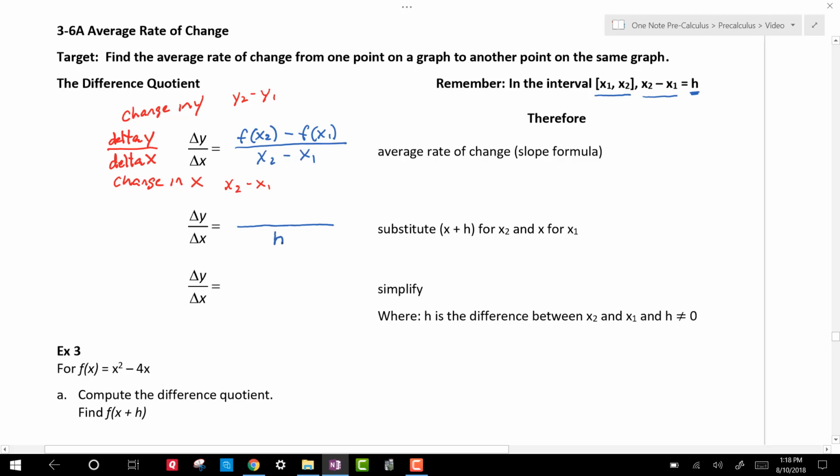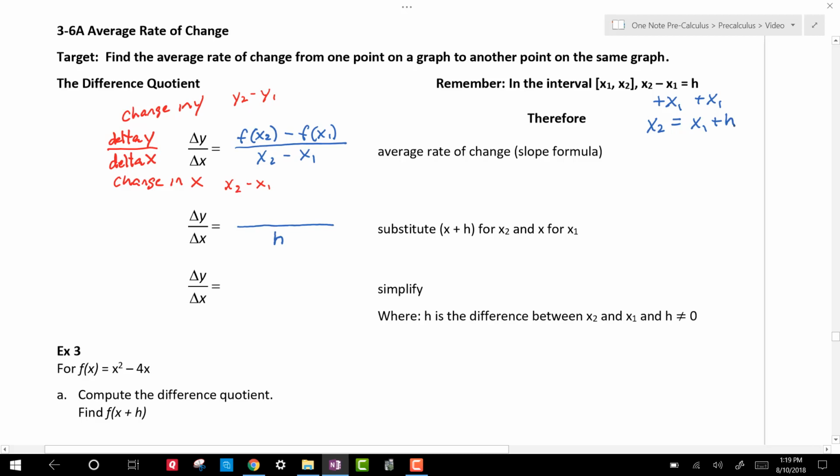Now, x2: if you look at my interval up at the top, this is where it gets a little weird. If I add x1 to both sides, I get x2 equals x1 plus h.